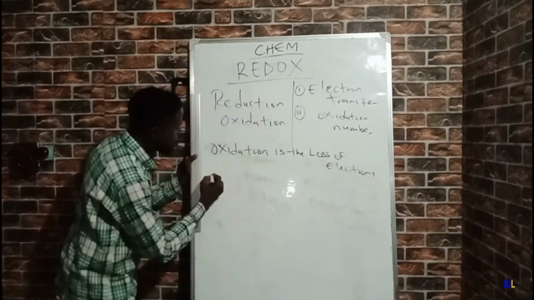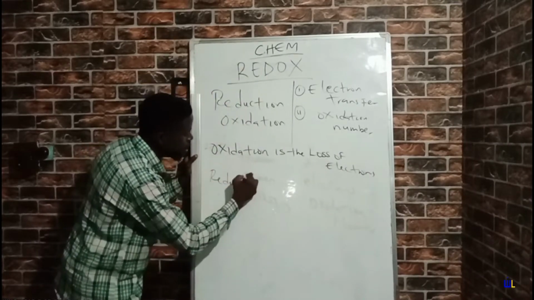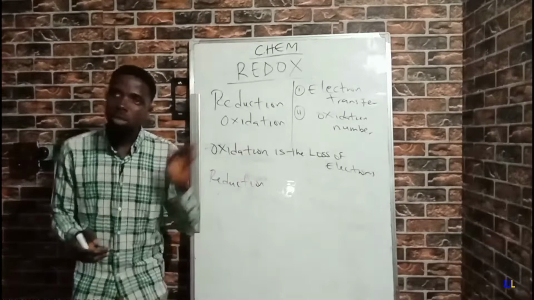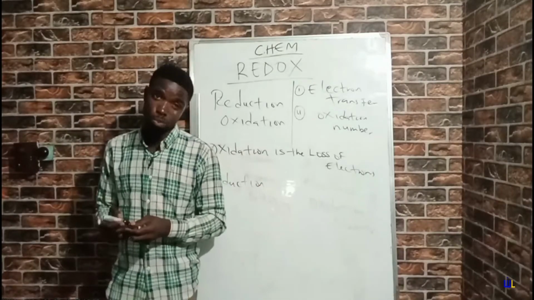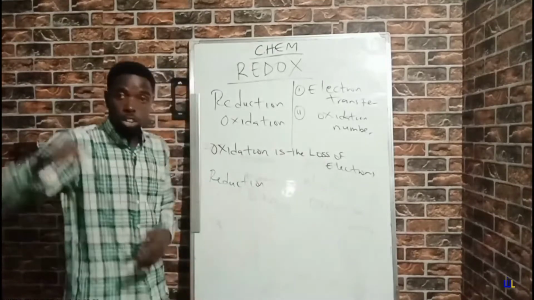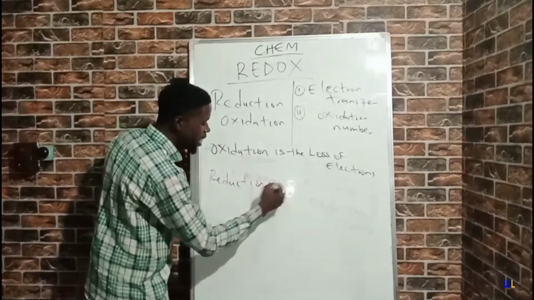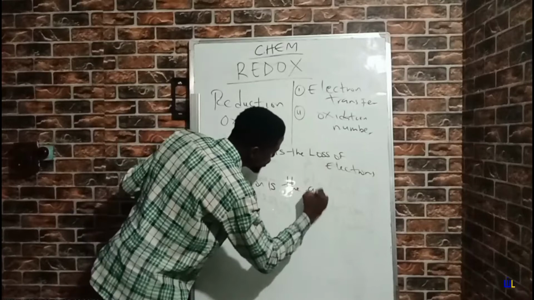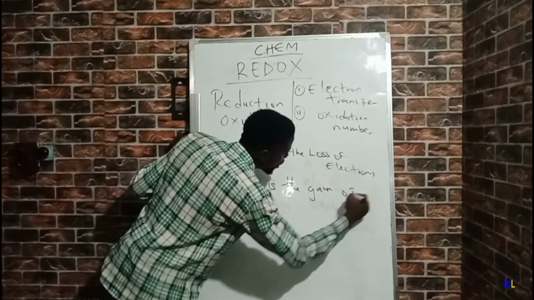While reduction, remember what we said, whatever oxidation is, reduction is the exact opposite. So if oxidation is the loss of electrons, it implies that reduction is, yes, you got it, the gain of electrons.